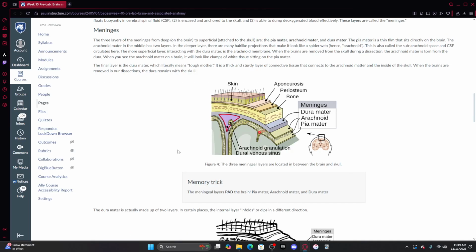So your meninges. You have three layers of meninges. You have your dura, your arachnoid, and your pia mater. The deepest layer is the pia mater, and the pia mater is directly adhered to the brain, right? And in between the pia mater and the arachnoid mater, you have the subarachnoid space.